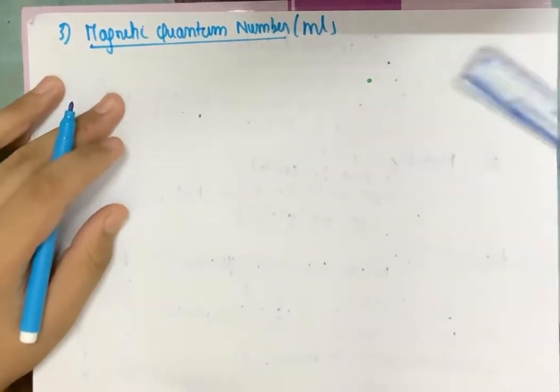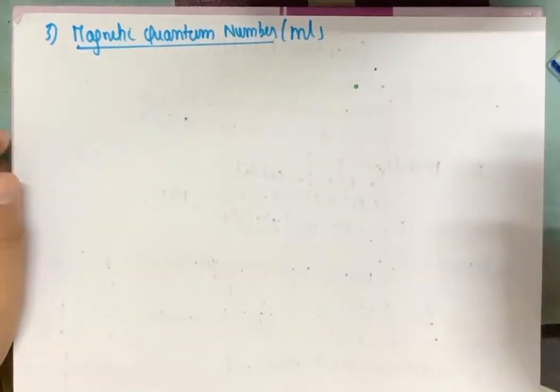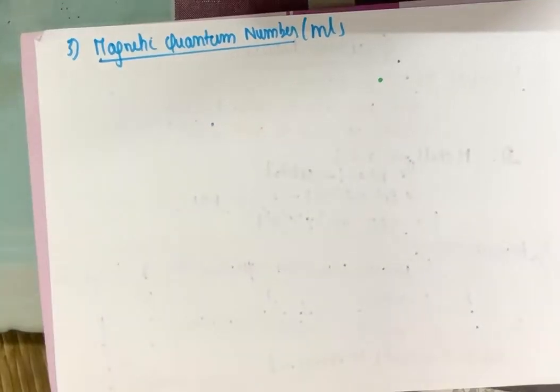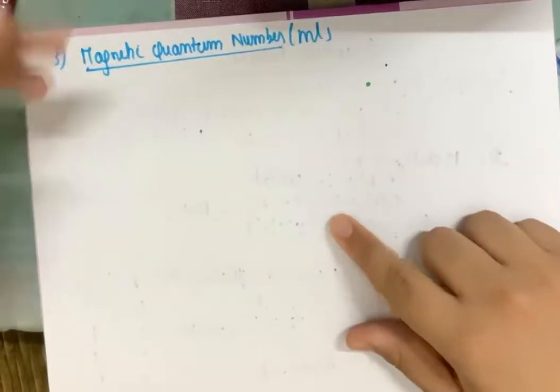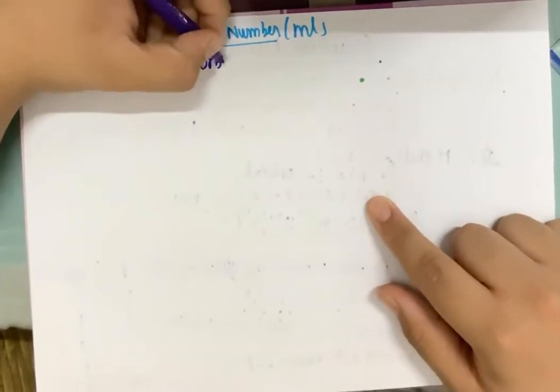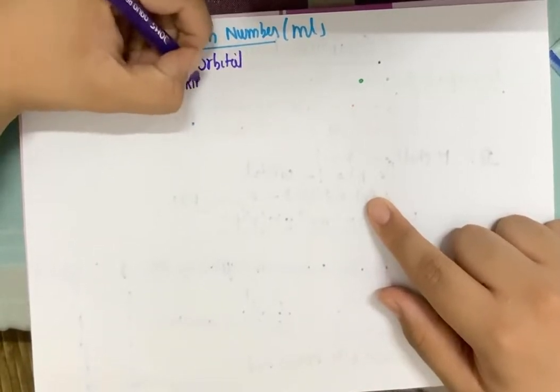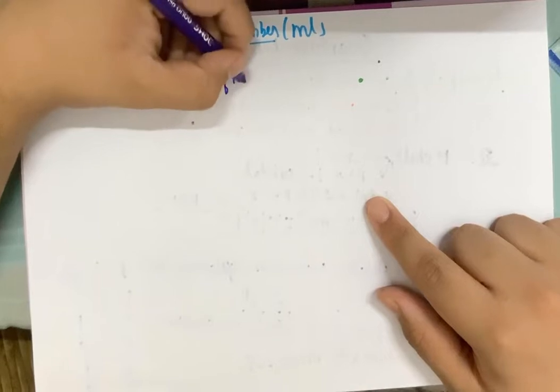Not milliliters, mind it, it's ml, which denotes the magnetic quantum number. Now what does the magnetic quantum number tell us? The magnetic quantum number helps us to find out the orbital, the orbital designation, and also helps us determine the kind of orbital it will be.